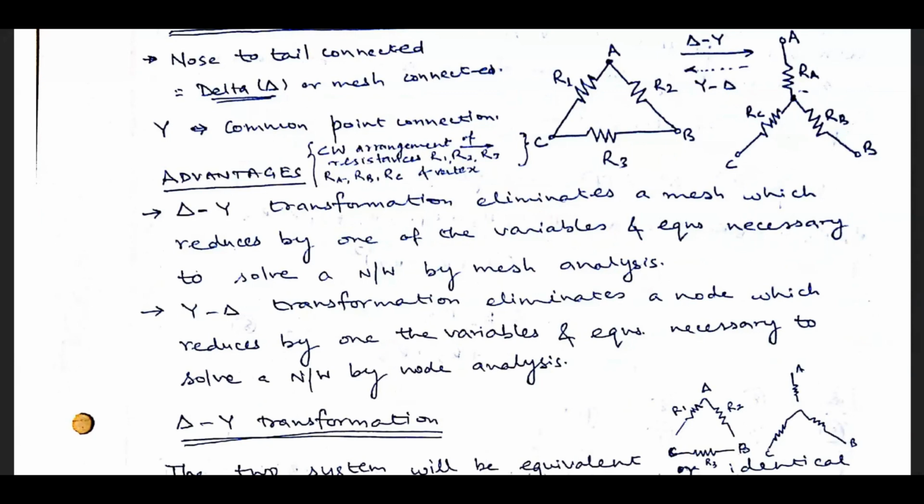It is having four nodes as given in the diagram. A, B, C nodes are given, and one is the common node which is connected by all these three branches. And in the mesh or the delta system, it is having three nodes. Okay.